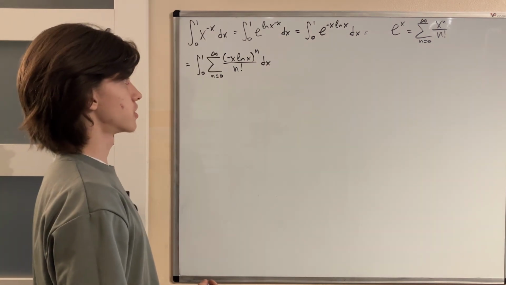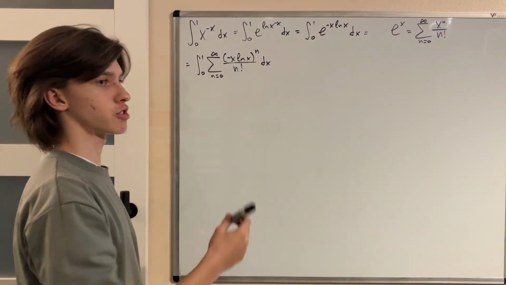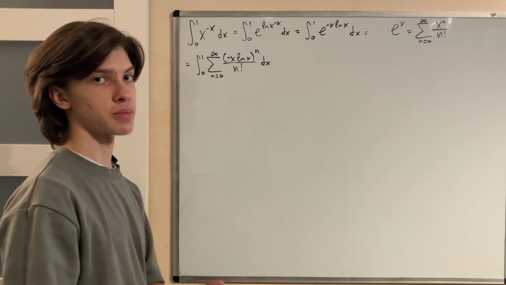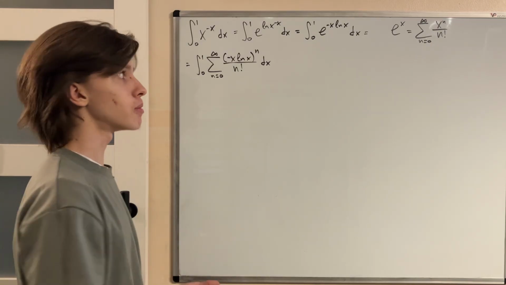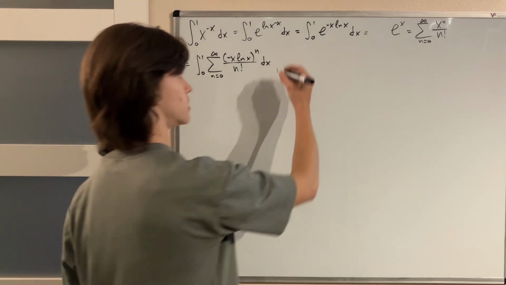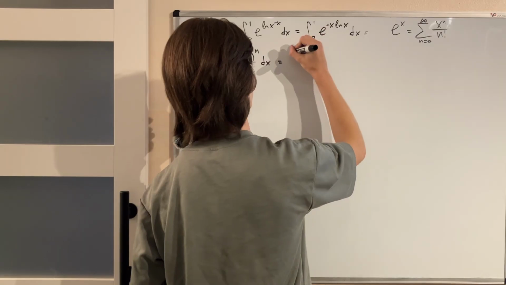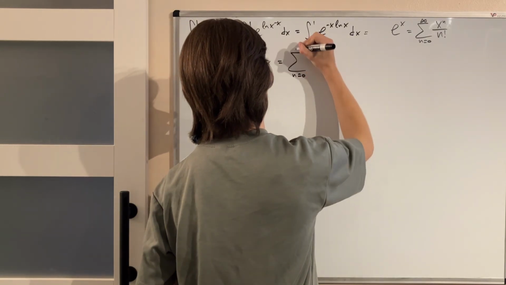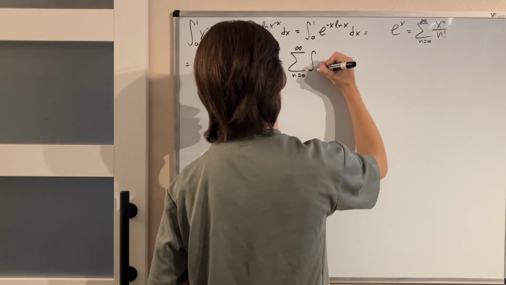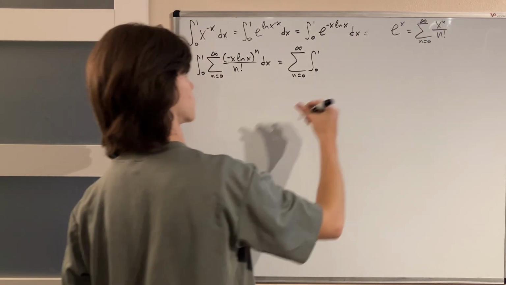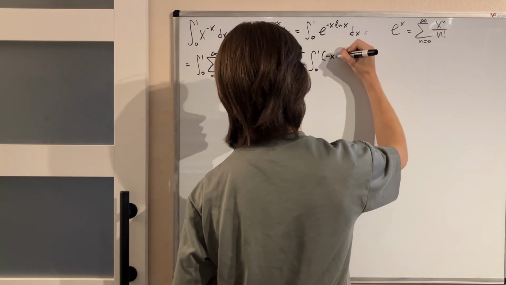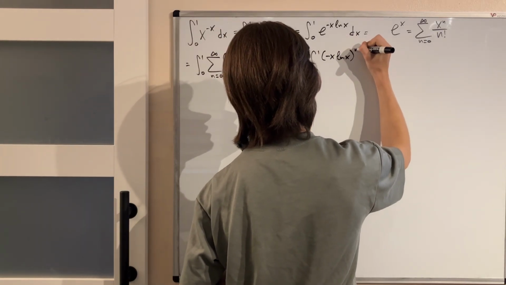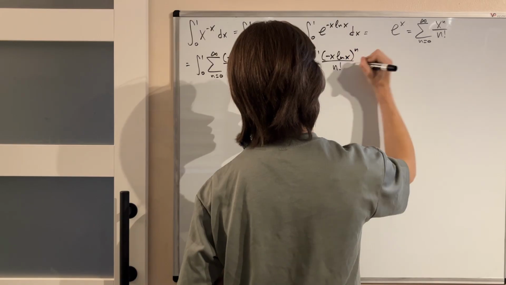And because this series is absolutely convergent on our bounds of integration, we can simply integrate term by term, or equivalently swap the integral and the summation sign. And so we can get that it is equivalent to the sum from 0 to infinity of the integral from 0 to 1 of this function, minus x times ln of x to the n over n factorial dx.